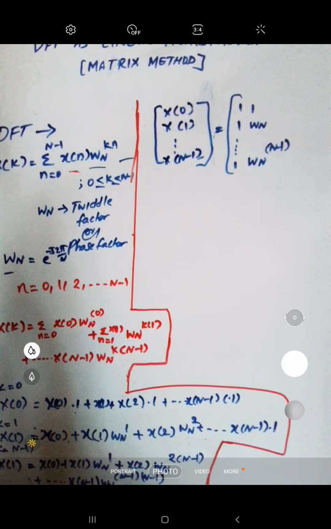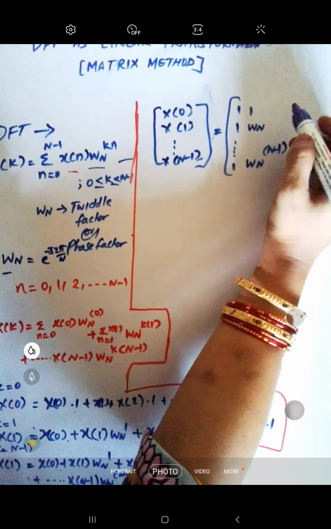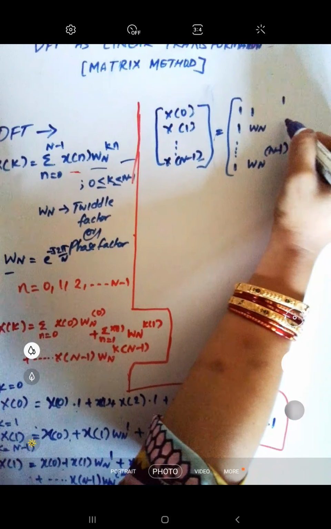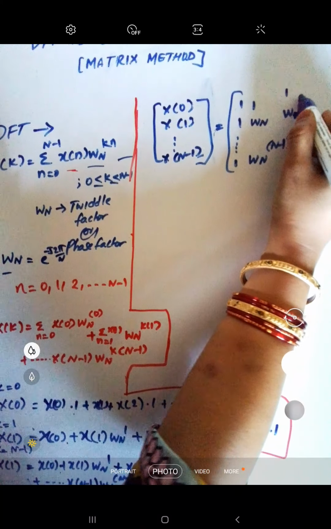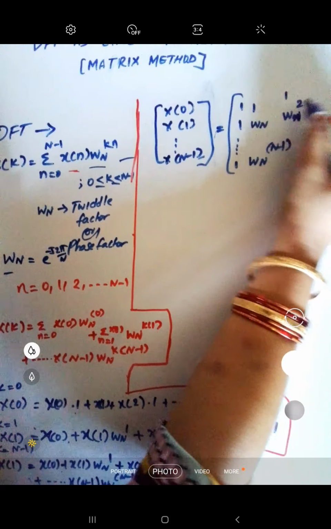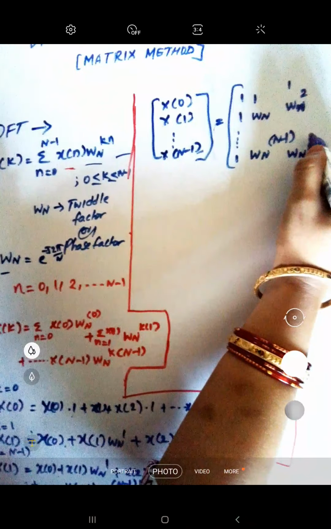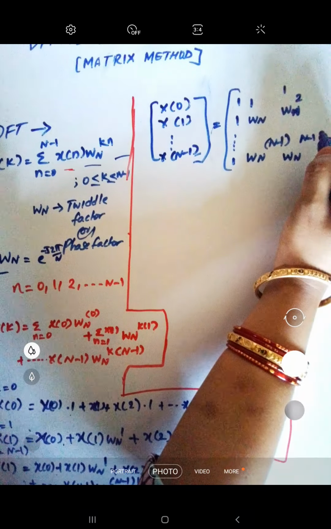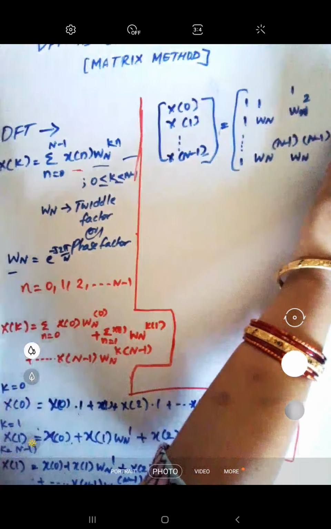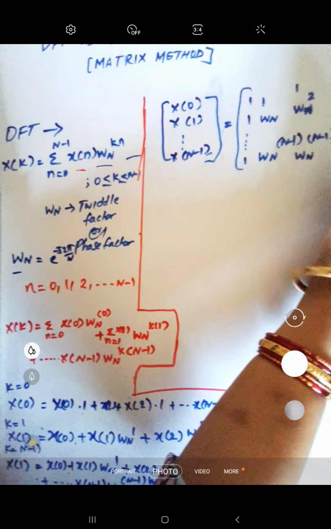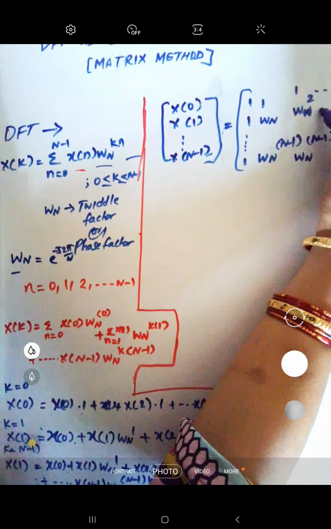Then, in the same way, at the second column, we have to take the values 1, W_N to the power of 2, up to W_N to the power of N minus 1. For the first row it is 1.